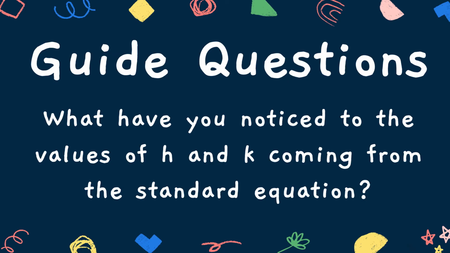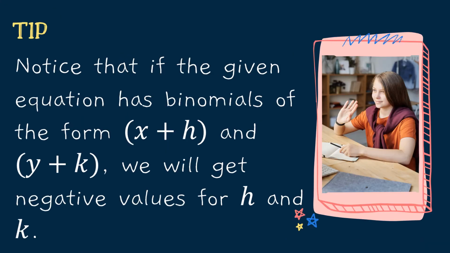As a guide question, what have you noticed about the values of h and k coming from the standard equation in the two previous examples? Notice that if the given equation has binomials of the form x + h and y + k, we will get the negative values for h and k.